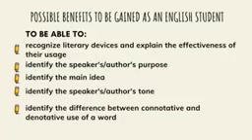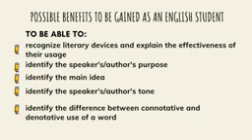The next part of the plan of investigation deals with the possible benefits to be gained as an English student. Based on the rubric, we will need to write 3 benefits. During the course of the SBA, here are some of the benefits that you can gain.